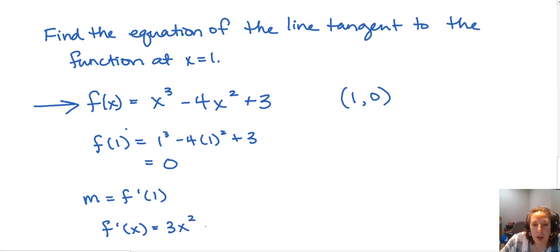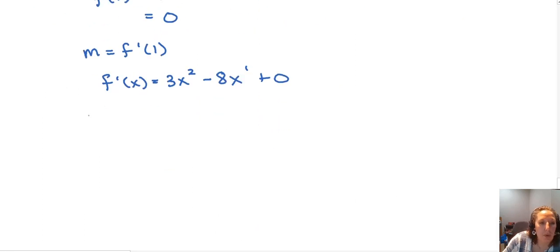Negative 4x squared is going to be negative 4 times 2 x to the first, and then plus 3 is a constant, so its derivative is 0. If we wanted to find the slope there, we plug in 1 for x, and we get our slope is negative 5.